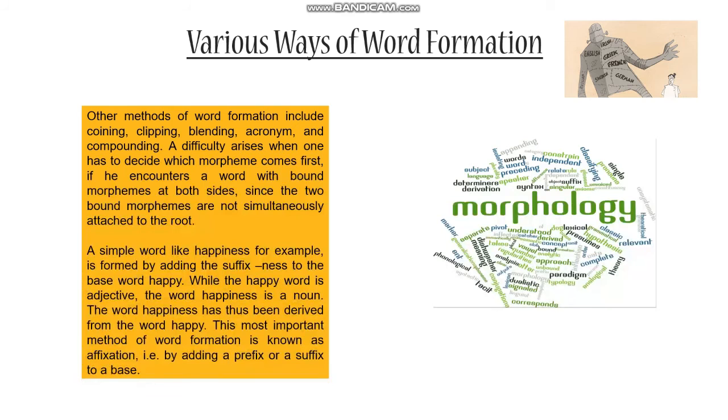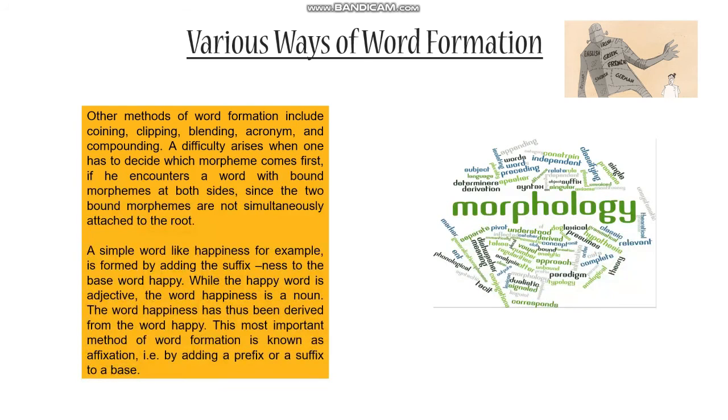And the last, various ways of word formation. Other methods of word formation include coining, clipping, blending, acronym, and compounding. A difficulty arises when one has to decide which morpheme comes first, if he encounters a word with bound morphemes at both sides, since the two bound morphemes are not simultaneously attached to the root.